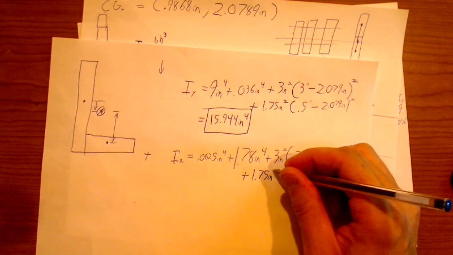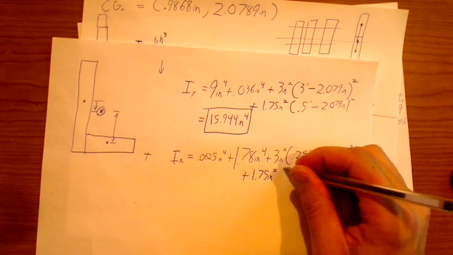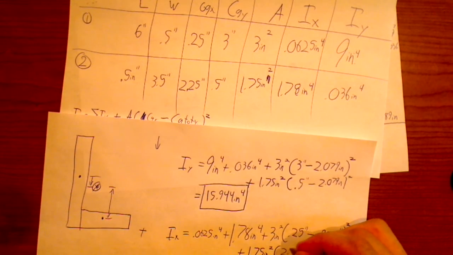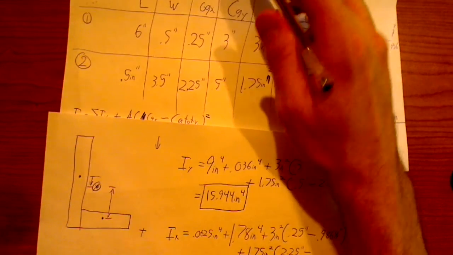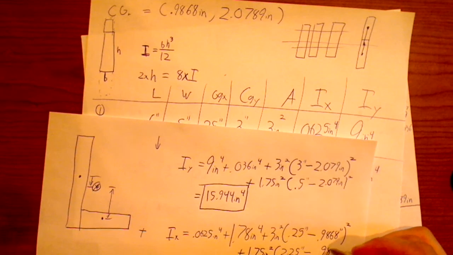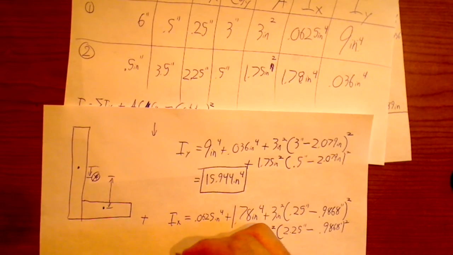Have the area for the second shape here, 1.75 square inches, times, okay, what was that thing? CGX 2.25 inches minus our total, which was 0.9868 inches squared. Give me a moment to compute that.